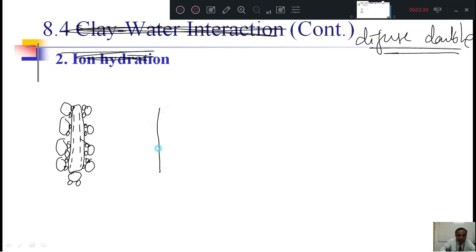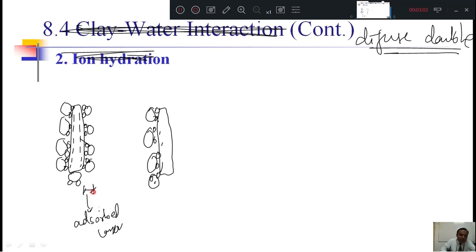Then if I have another clay particle, again it is negatively charged. Then here also the water particles will come and stick. Agreed? Okay. And this first layer is called the adsorbed layer.